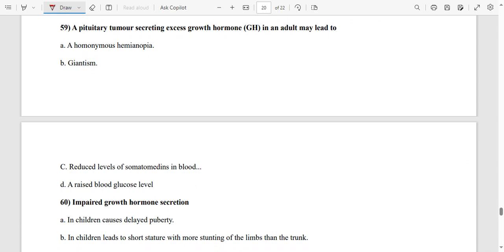Which one would you go for? Reduced levels of somatomedins. Why would you go for C?